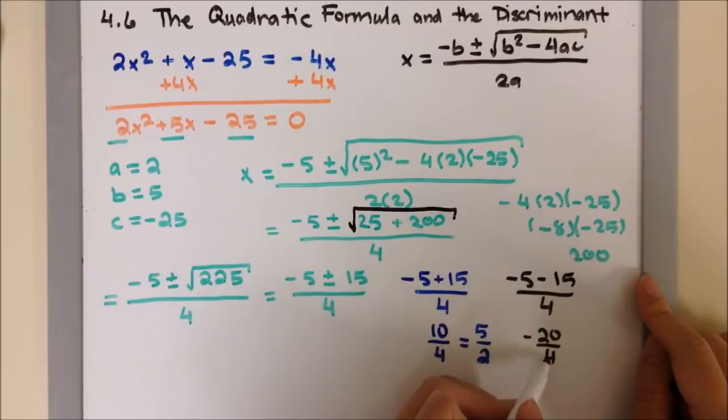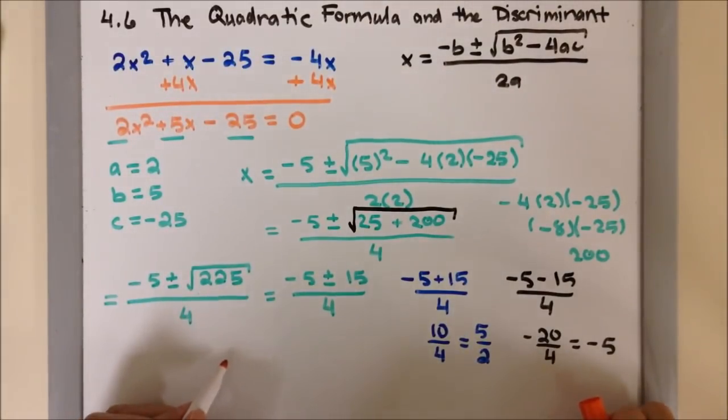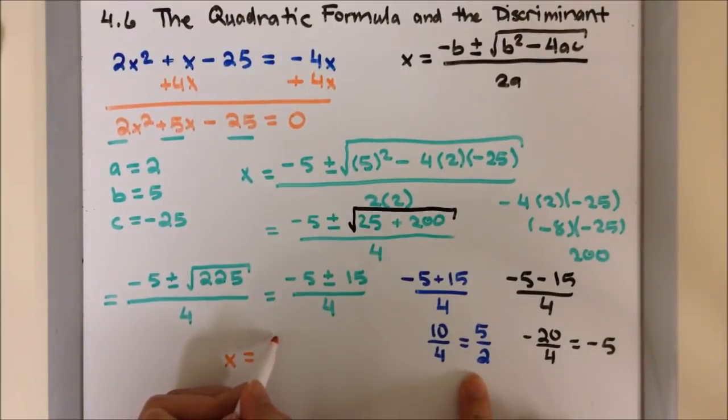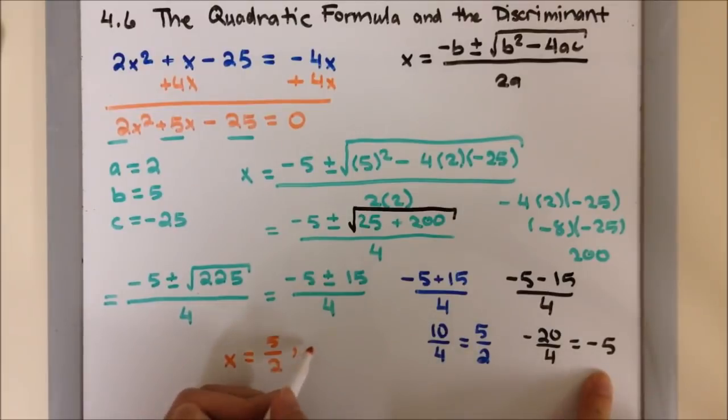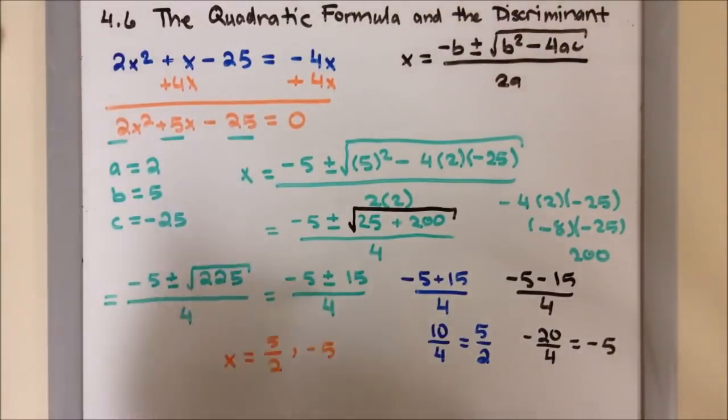Negative 20 divided by 4 will be negative 5. So my final answers will be x equals 5 over 2, positive 5 over 2, comma, negative 5. So my two answers are 5 over 2 and negative 5. And then I'm just going to box my final answer.